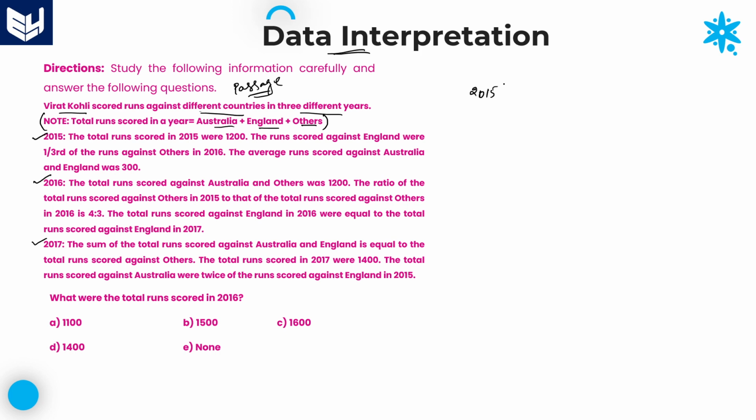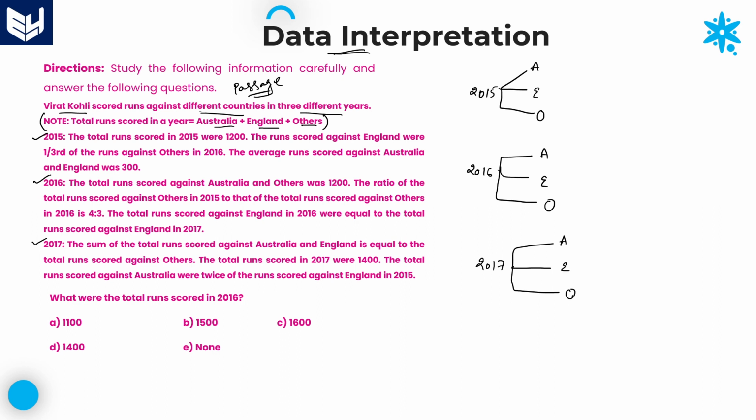Here in 2015, you need to calculate all three values: Australia, England, and others. Coming to 2016, again Australia, England, and others. 2017 also the same thing.